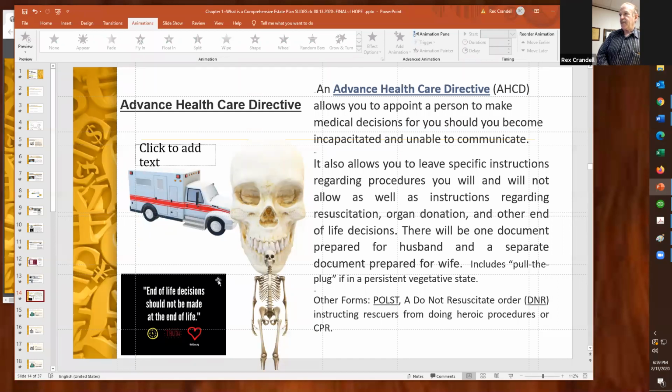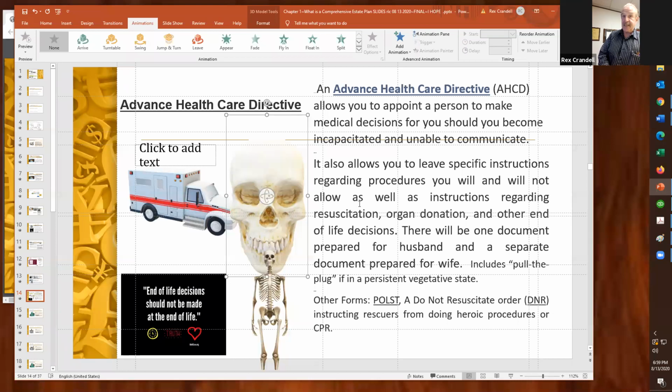Okay, an advanced healthcare directive. They're primarily designed for use in communicating with medical personnel if you become incapacitated.